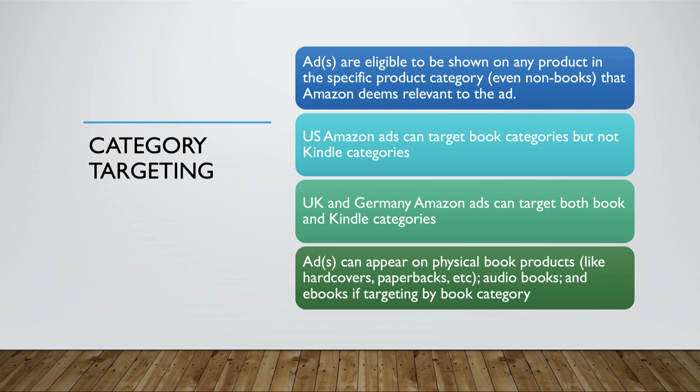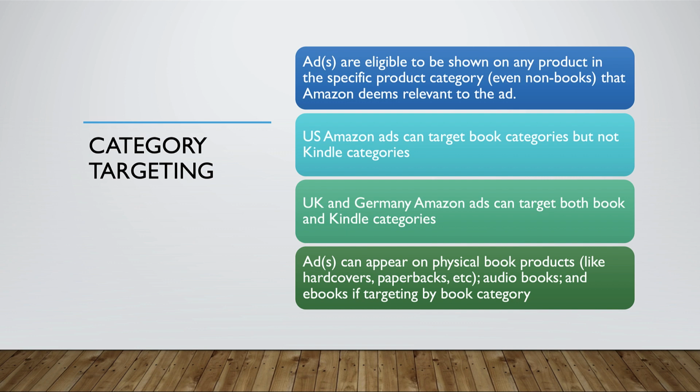Category targeting is fun. This is where you can pick pretty much any category in the store that Amazon allows you to in a category ad and bid on being shown on any product in that category. This includes non-books. However, Amazon will not show your book if it doesn't deem that your target is relevant.